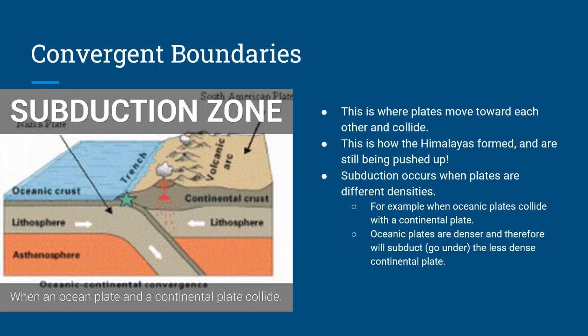Sub means under, and duct is movement. So the oceanic plate will go under the continental plate because the continental plate is less dense. And then up on top in the landform, that's how the mountains are going to form, because it's going to push that continental crust up.